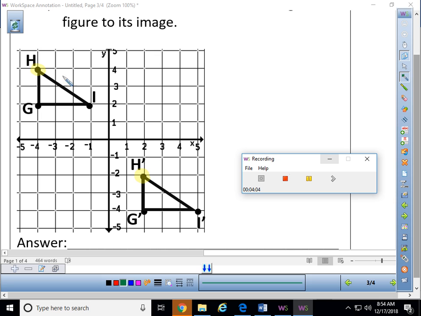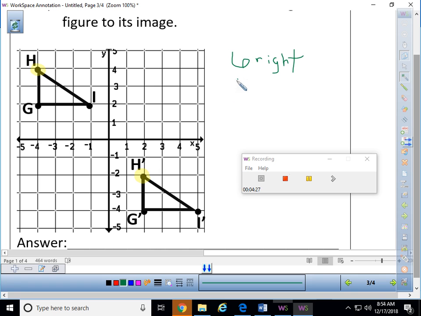The first thing I notice is I'm going right 6. 1, 2, 3, 4, 5, 6. So I'm going 6 right. Pretty easy there. And then I have to go 6 down.